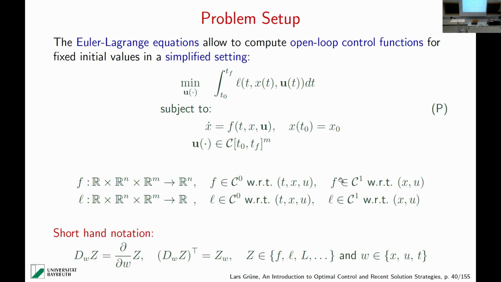Okay, yeah, so this is the optimal control problem we were considering, and I had explained the Euler-Lagrange equations, which is a way to compute one single optimal trajectory, right?